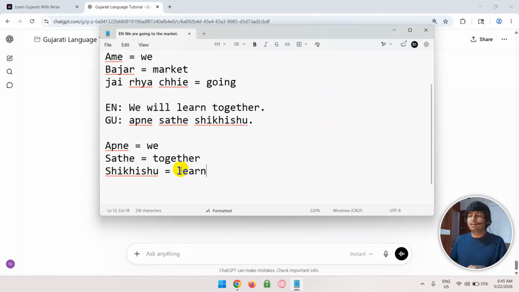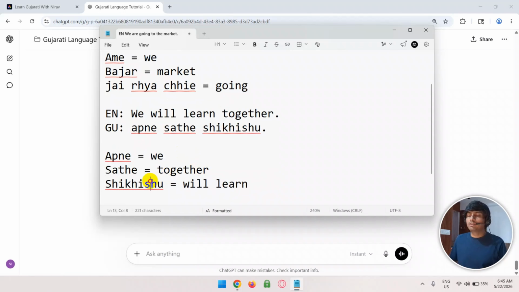Okay, we will learn. For that in Gujarati we say શીખીશું. For we, આપણે, together, સાથે, and will learn, we simply say શીખીશું.